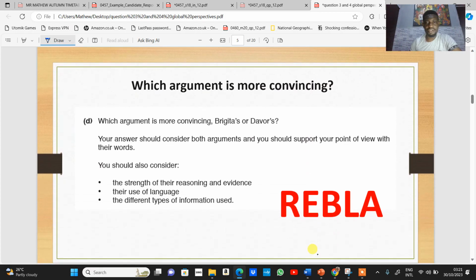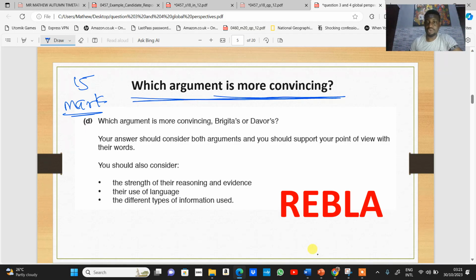Here, in question 3, which is the 15 mark question, what you'll be asked is which argument is more convincing. That's why I titled this lesson Evaluating Argument.